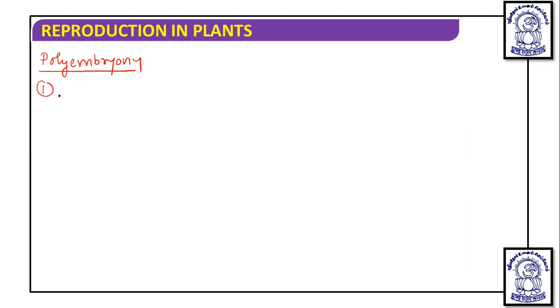And in polyembryony, first is potential polyembryony. Now in potential polyembryony, what happens?